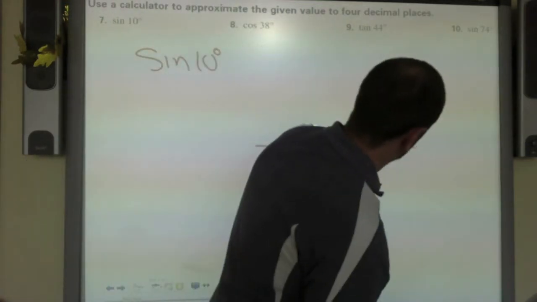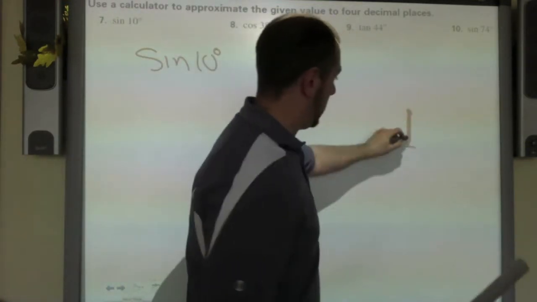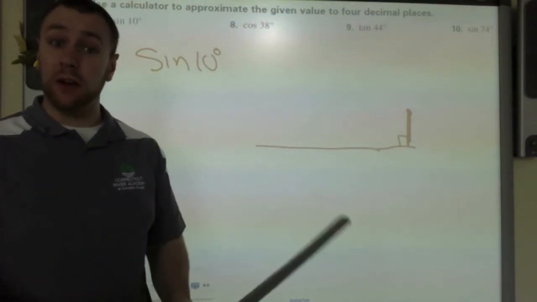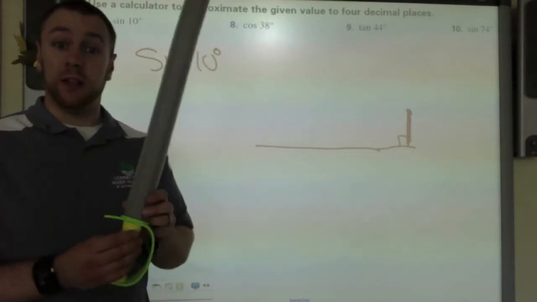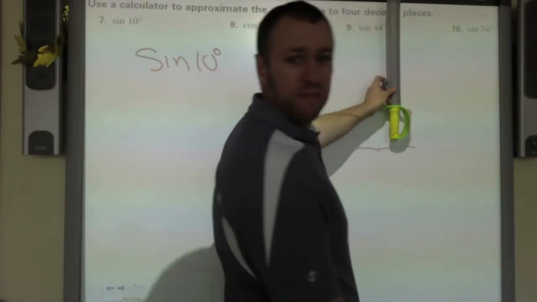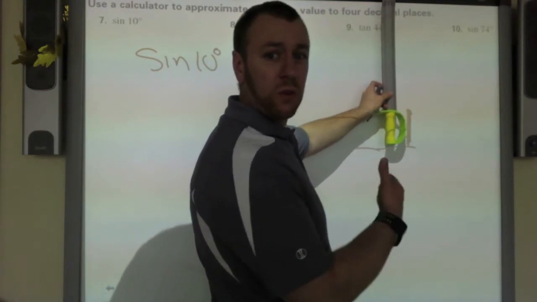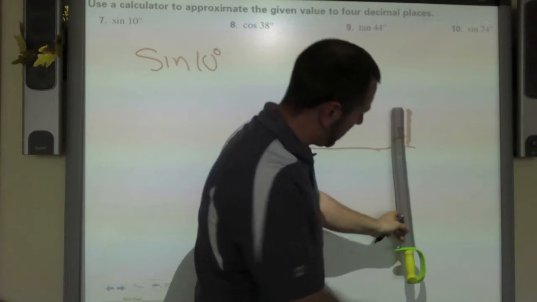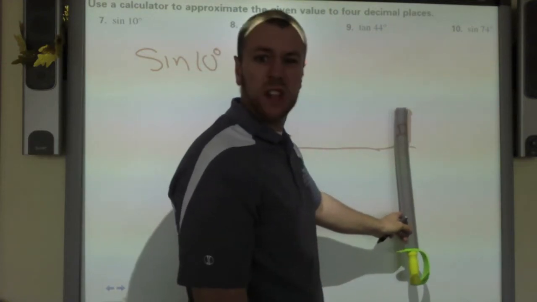So the sine is actually the vertical distance, straight back down. I need to make a 90-degree angle there. So now, if I look at my unit, okay, it's not the whole line. Okay, I'll actually put it down here.